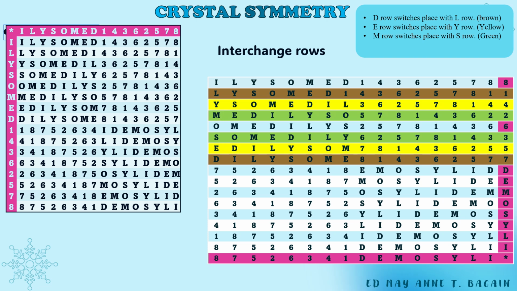Let's rotate it and we will have this table right here. ILYSOMED. Now the upper part of our table is already correct. It's already the same as this one. The only thing we need to correct now is the lower part of our table. So 1 should be here, so 7 should be here. Let's correct it.